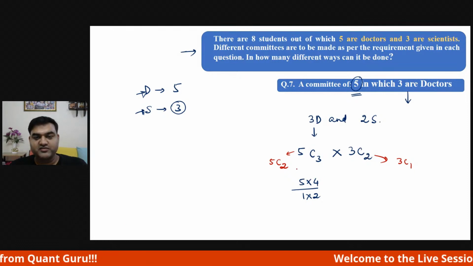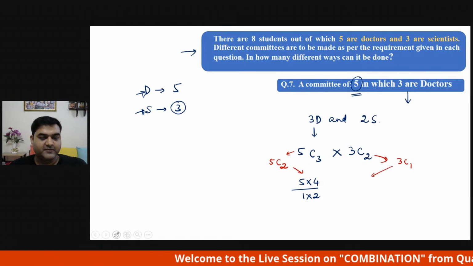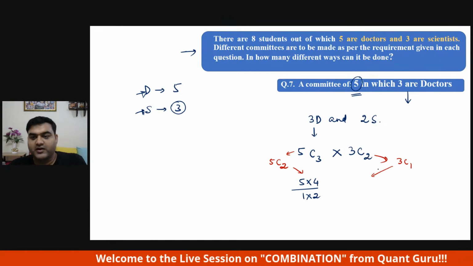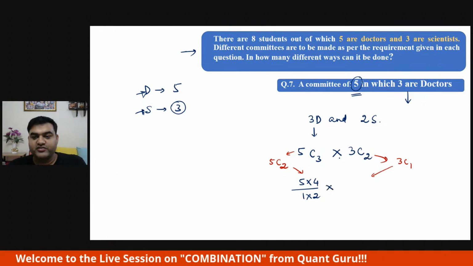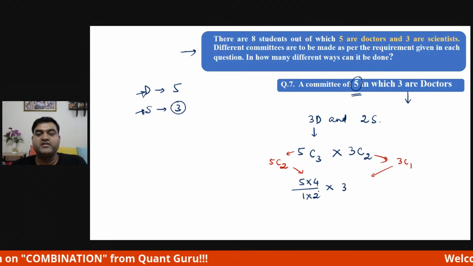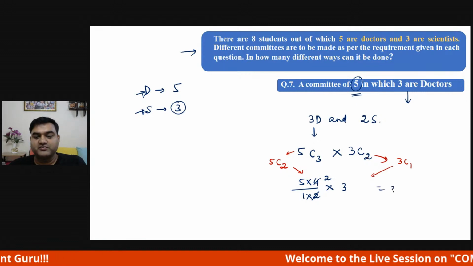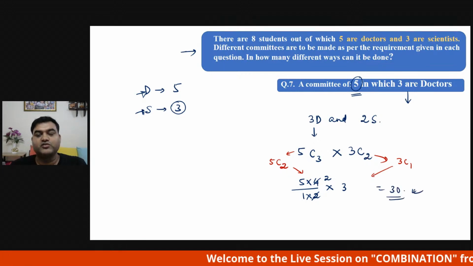So I'm reducing it this way. Now 3C1 is equal to 3, as anything C1 is equal to the n value. So 5C2 is 5 into 4 by 2, which is 10, times 3, and the answer is 30. Got it?